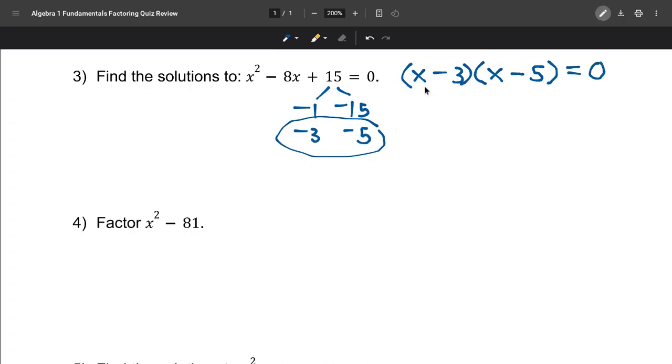So now we're going to set each factor equal to 0 and solve. I'm going to say x minus 3 equals 0. So I'll add 3 to both sides here. 3 minus 3 is 0. So you get x equals 3.